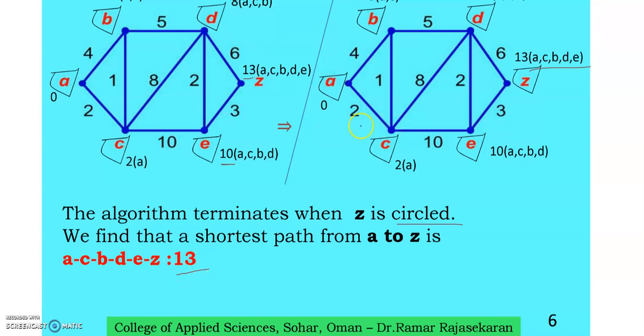Now the thing is that you started from A and stopped at the vertex Z. That is the shortest path needed from A to Z. Now whenever you fix the minimum weight for a particular vertex, you have to make a circle, which means you cannot find a weight less than that. So this is the minimum, so make a circle. Then similarly you do it for Z also. Now the process is over. So this is the shortest path for this given graph from A to Z.